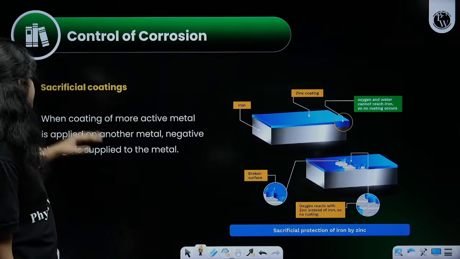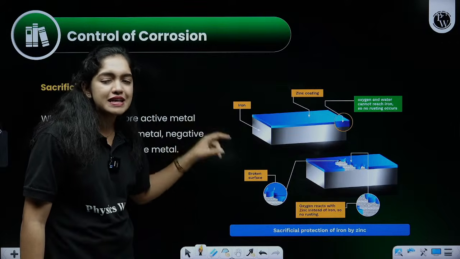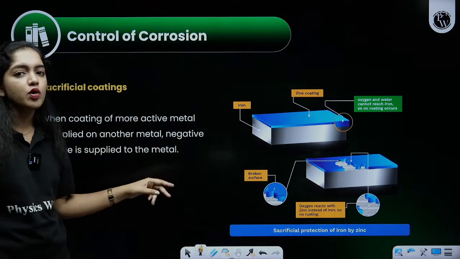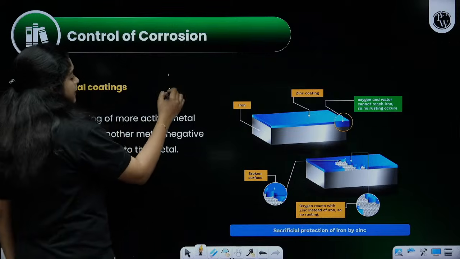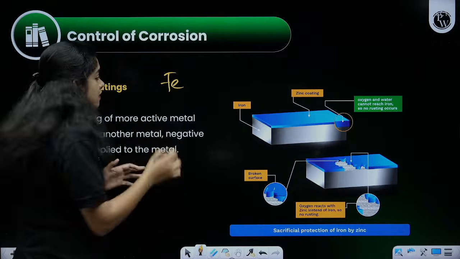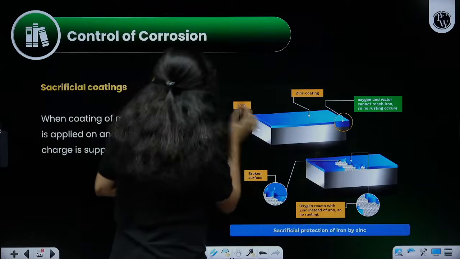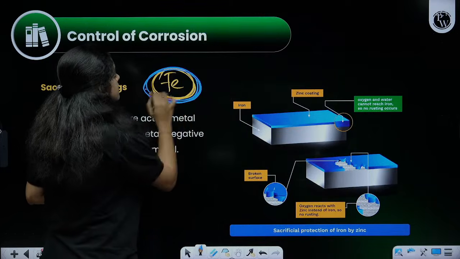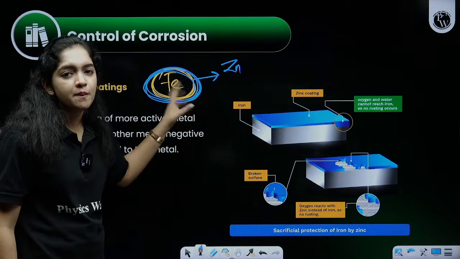Okay, so here, coating a more reactive metal over a less reactive metal can prevent the corrosion of the less reactive metal. For example, if we have iron, it will undergo corrosion. So to prevent that, we can give a coating made of zinc. We can coat the iron with zinc metal. Why? Zinc is more reactive compared to iron.